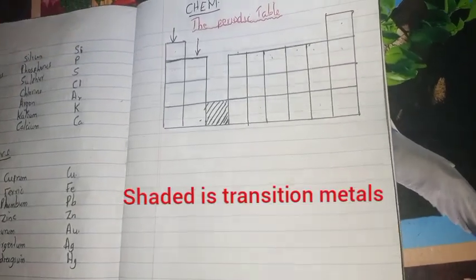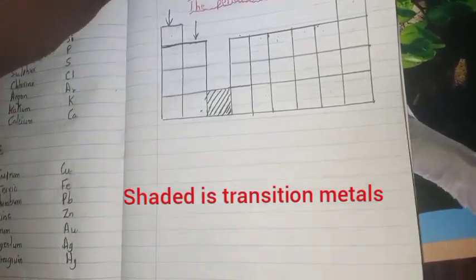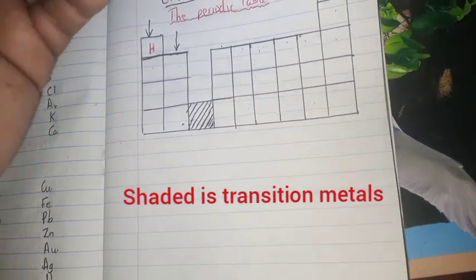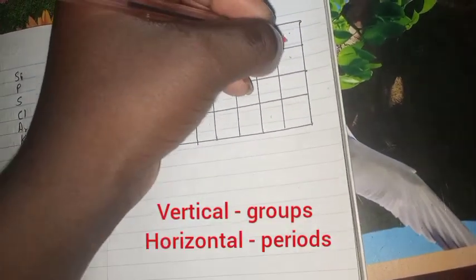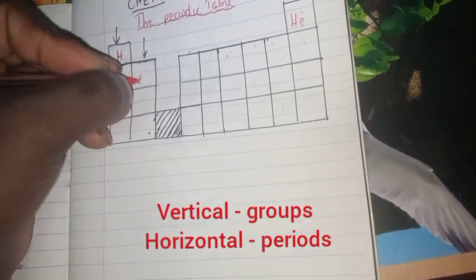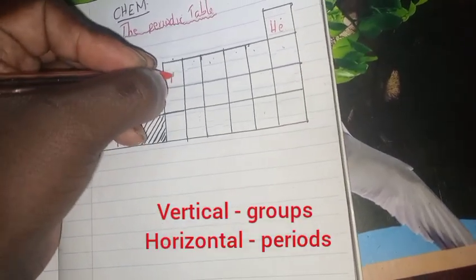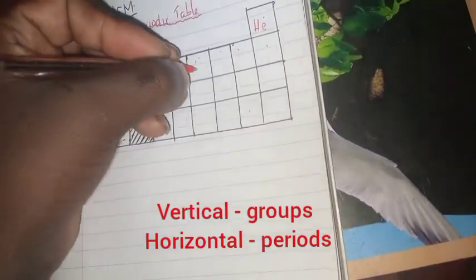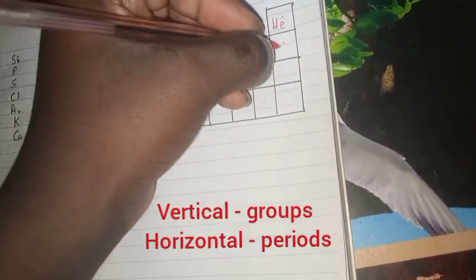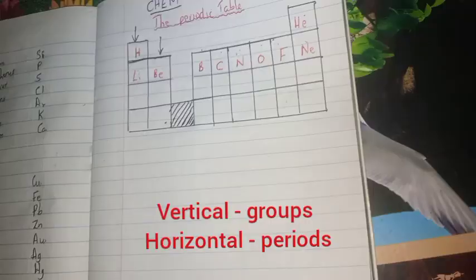Now we said that the first one was hydrogen, and that means hydrogen is in this position. Then we have helium, lithium, beryllium, boron, carbon, nitrogen, oxygen, fluorine, and then here we have neon.